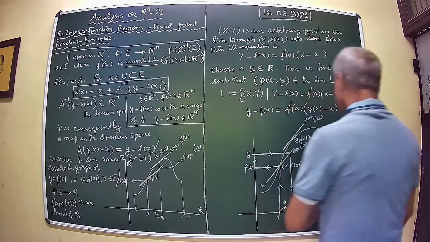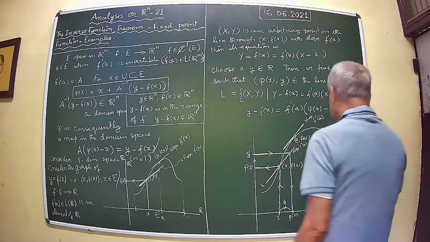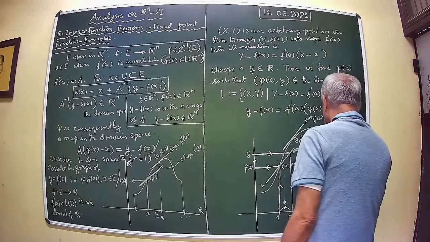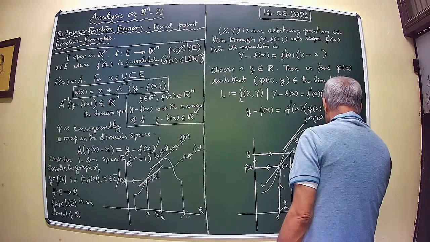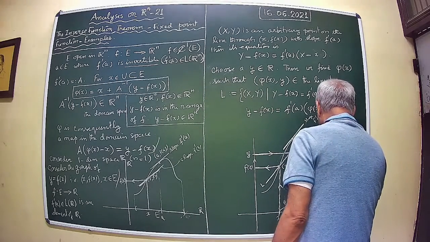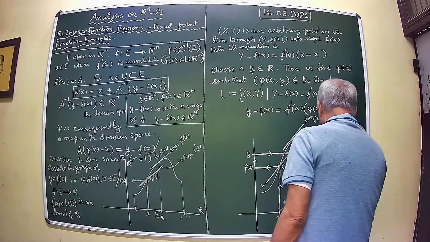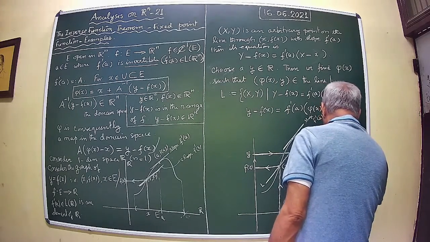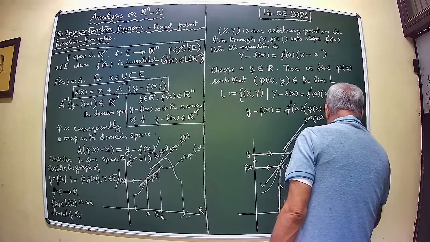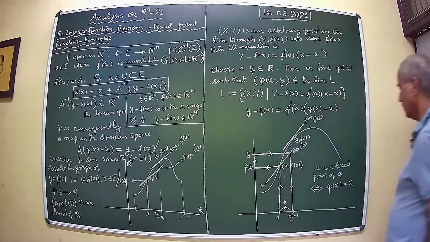Therefore, x is a fixed point of phi y if and only if phi x equal to x.